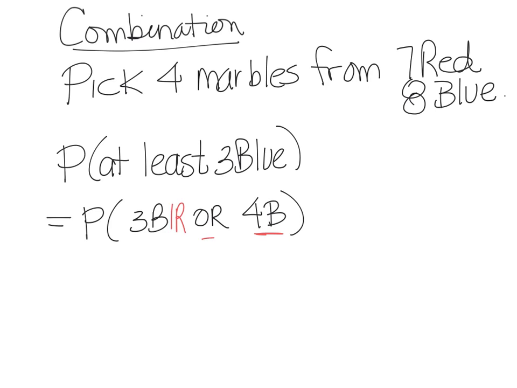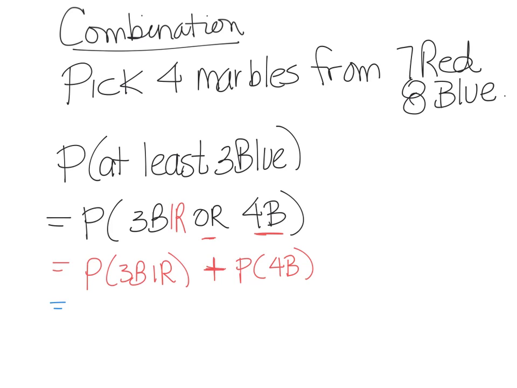So here you see where I have the or word, and that's going to turn into a plus sign. So this is the probability of 3 blues, 1 red, plus the probability of 4 blues. And I say it's a combination because here you're going to say 3 blues and 1 red is the probability of getting the first one blue, the second one blue, and the third one blue, and the fourth one red, right?